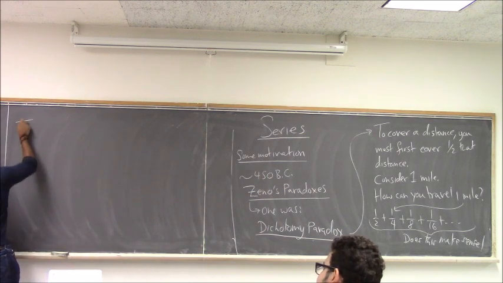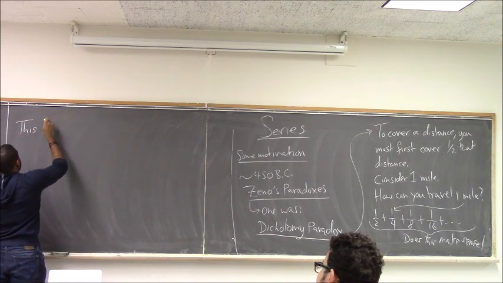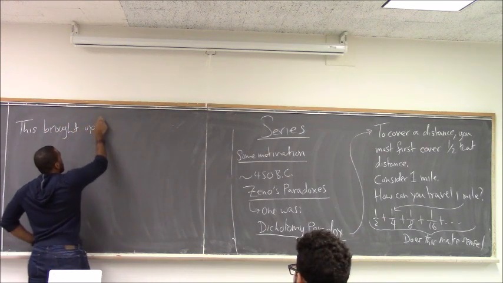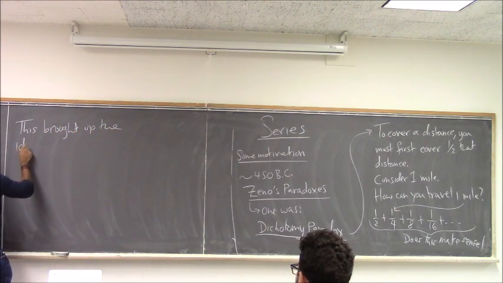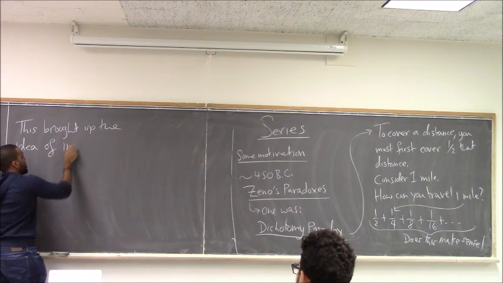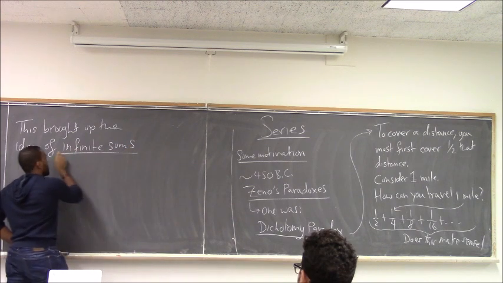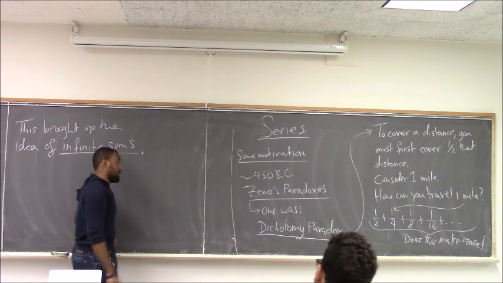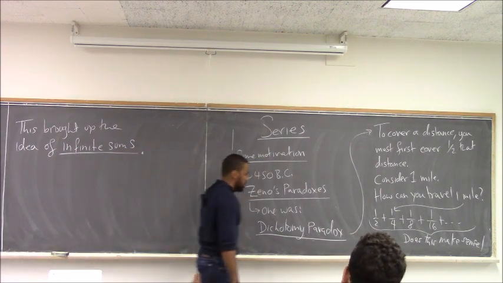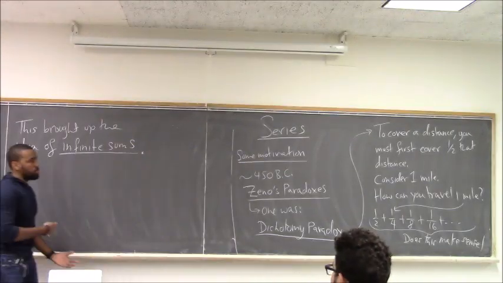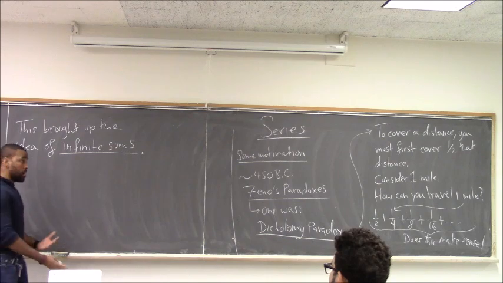So this brought up the idea, way back in the 400 BCs, of infinite sums. And we've been thinking about this for a really long time, okay? So we have the idea of an infinite sum. Can we add up an infinite number of things and somehow get a meaningful answer?